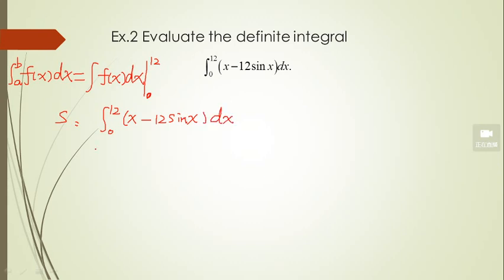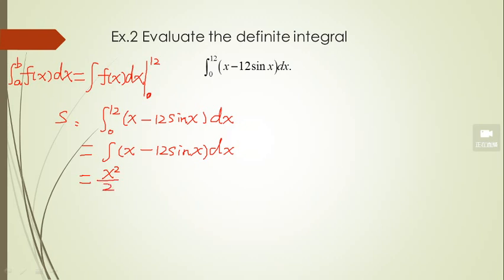Okay. So for this definite integral, let's work out the indefinite integral for this function first. It's pretty easy for the x term and for the sine x term, to find the particular antiderivative. So x should be x squared over 2, right?